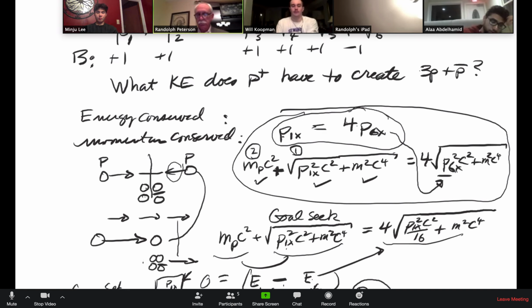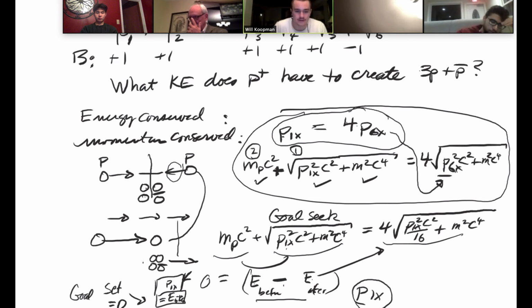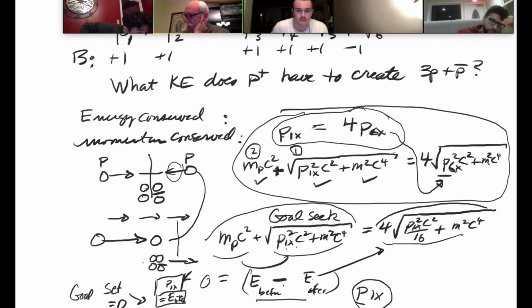Wait, so I'm sorry, set what equal to 0? You would set just the left side equal to 0. You take this whole equation. This is the energy before, and this is the energy after, and you take the difference. When they're equal, then their difference will be 0. So you put equals the energy before minus the energy after, where the energy is being calculated using this momentum right here.